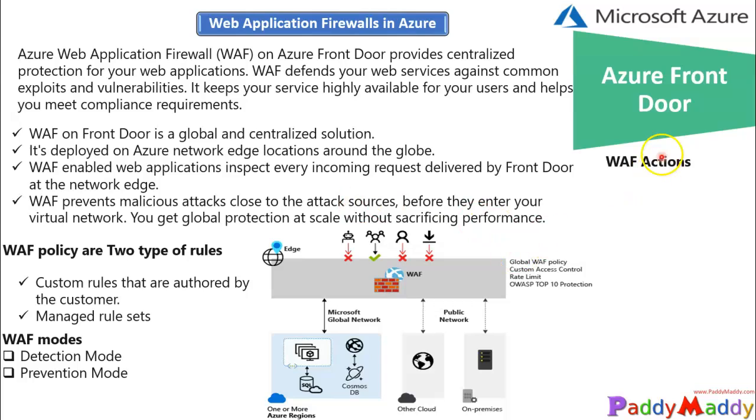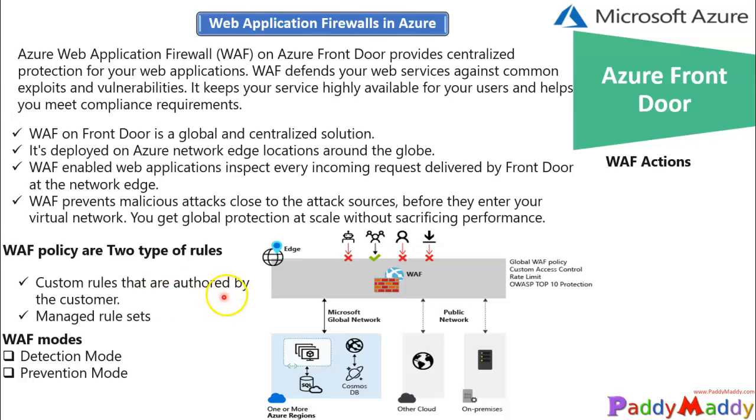And again, when we configure Azure Front Door with respect to web application firewalls, you have the custom rules and you also have the managed rules. When we see managed rules, like the common rules we have seen, SQL injection, cross-site scripting protection, or protection against other common web attacks, all of that is built in.